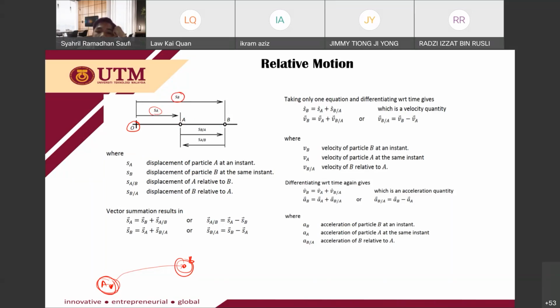But for the case of this analysis, we want to determine the displacement between particle A and particle B. Both particles are in motion.